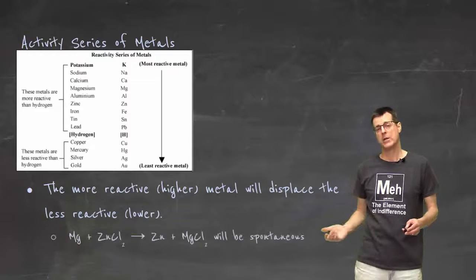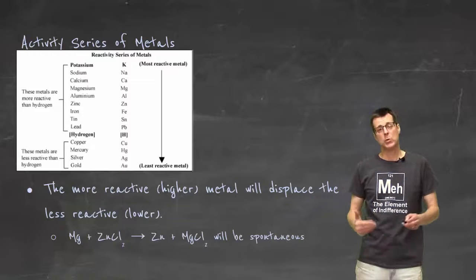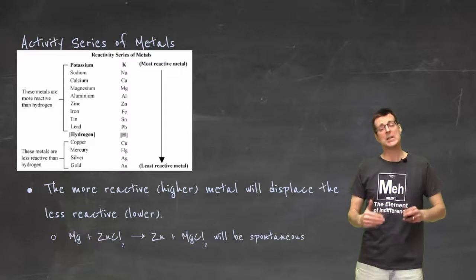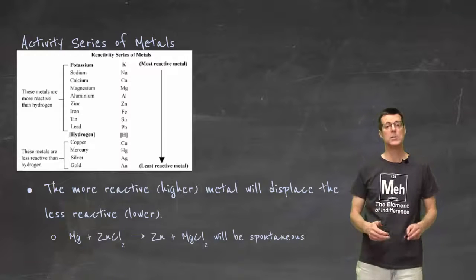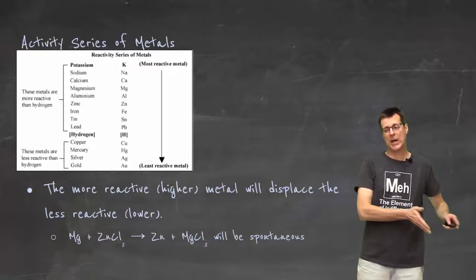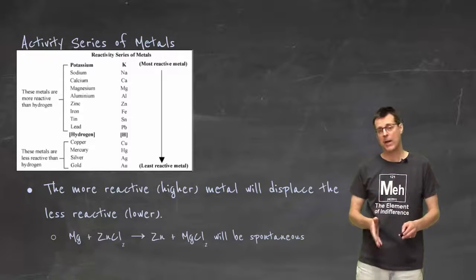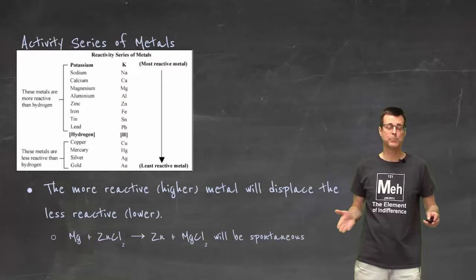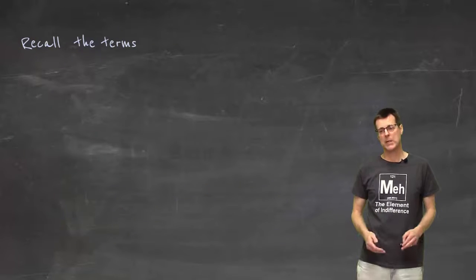So in the case of the reaction we were looking at before, magnesium being higher up is more reactive. That means it takes the reacted form. So that bottom reaction of magnesium pushing zinc out of the compound and taking its place in the compound is the spontaneous direction of that reaction.